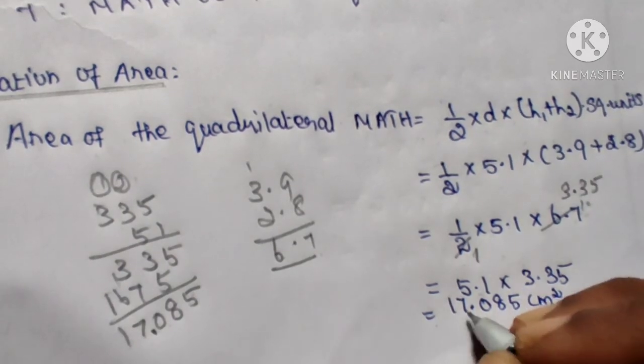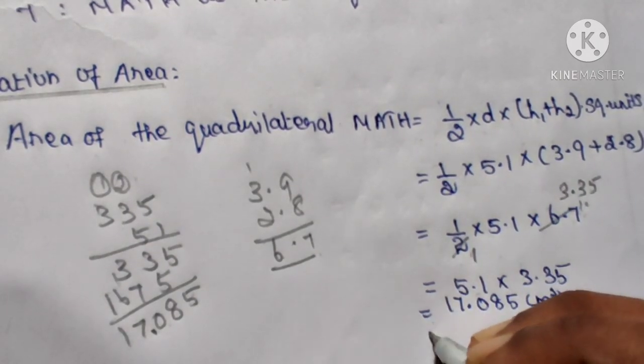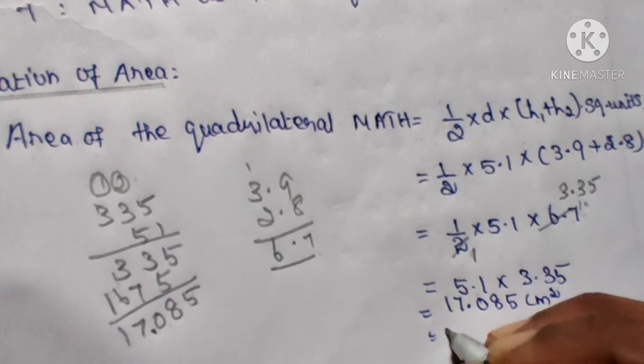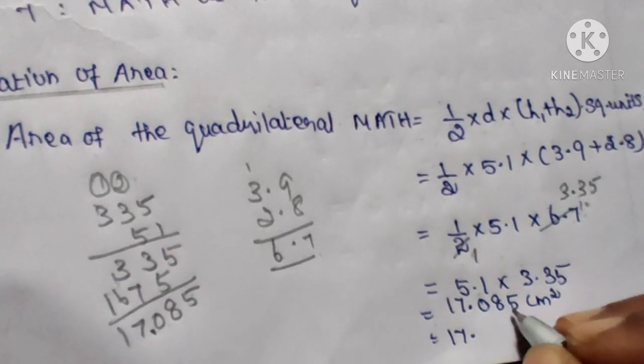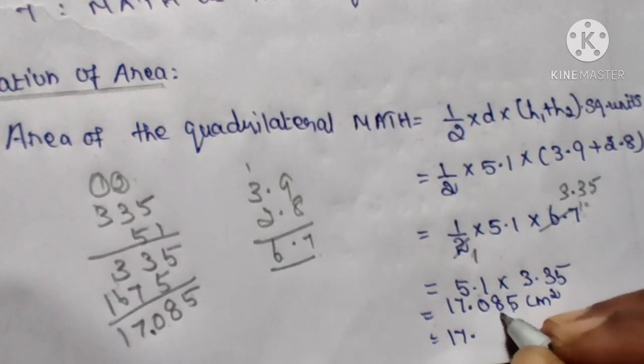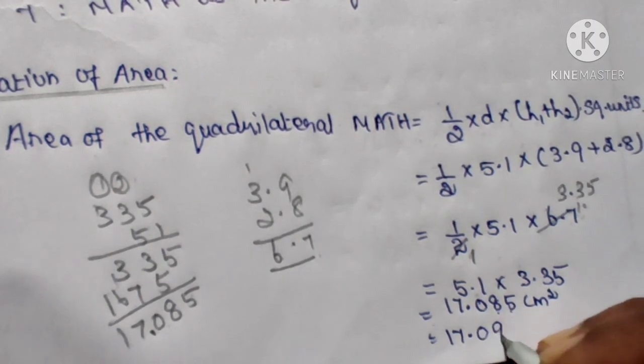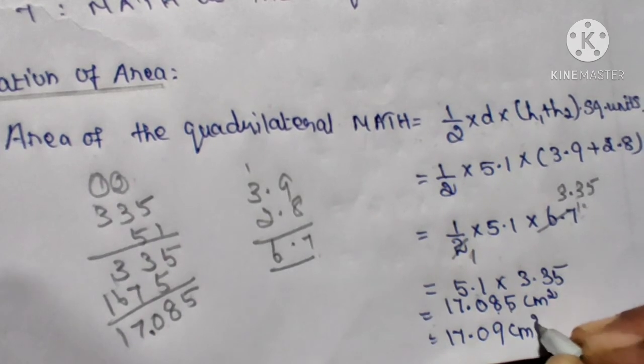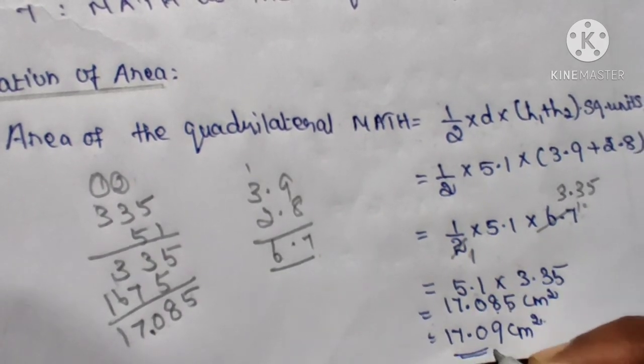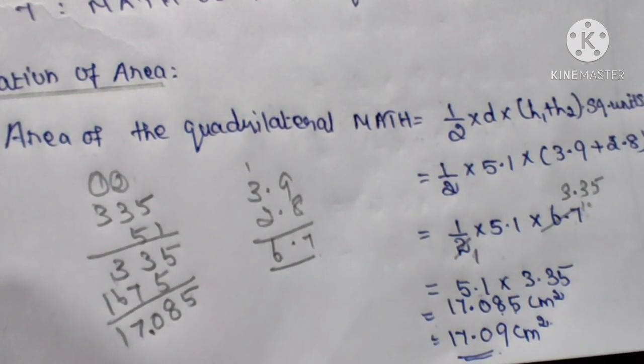So the approximate decimal correction value is 17.08, after 5 we add 1 digit, 17.09 centimeter square. This is the answer.